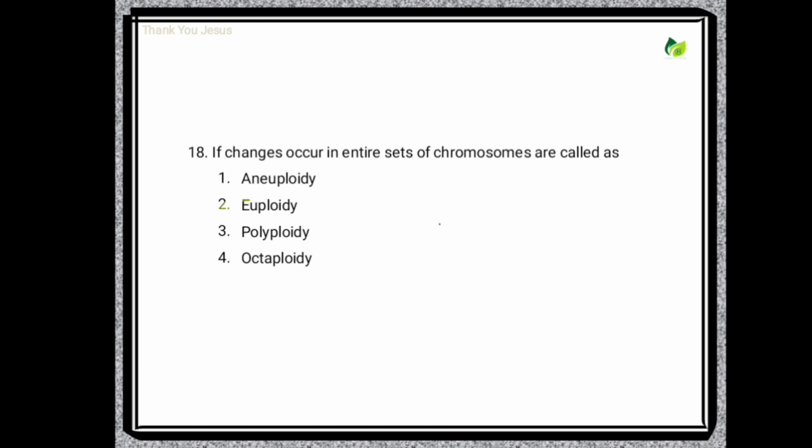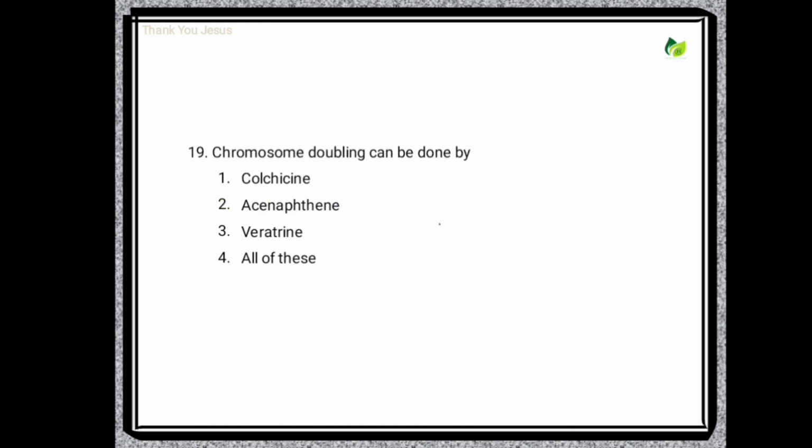The correct answer is euploidy. Next question. Chromosome doubling can be done by, options are colchicine, acenaphthene, veratrine, all of these. The correct answer is all of these. So all these chemicals are used for chromosomal doubling.